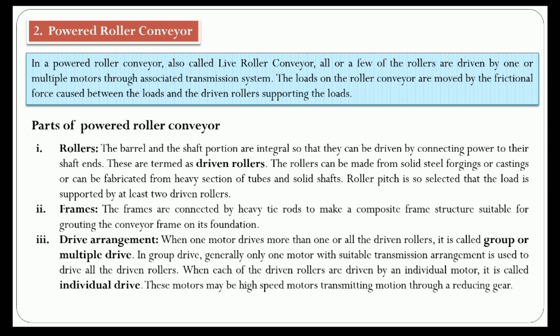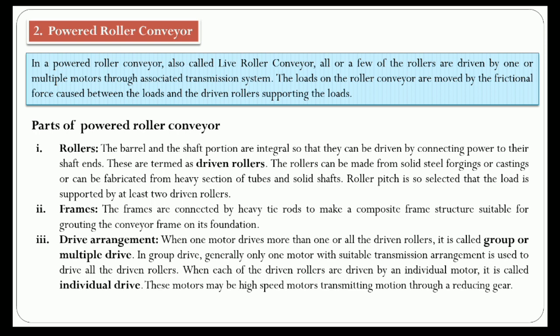Now, individual drive is actually used in light duty powered roller conveyors, where the rollers may be driven by one endless flat belt running below the rollers and supported by idle rollers, such that the belt touches all the rollers and transmits power to them by friction. In other cases, each of the driven rollers is driven by an individual motor, and that's why it is called individual drive.